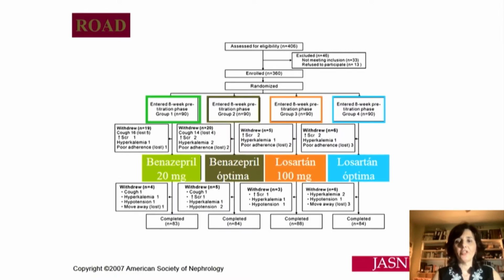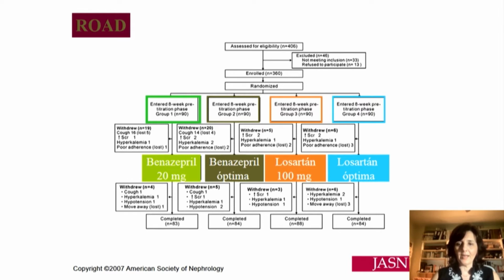The Renal Protection of Optimal Antiproteinuric Doses, or ROAD, study was performed to determine whether titration of benazepril or losartan to optimal antiproteinuric doses would safely improve the renal outcome in chronic renal disease. A total of 360 patients who didn't have diabetes but had proteinuria and chronic renal disease were randomly assigned to 4 groups.